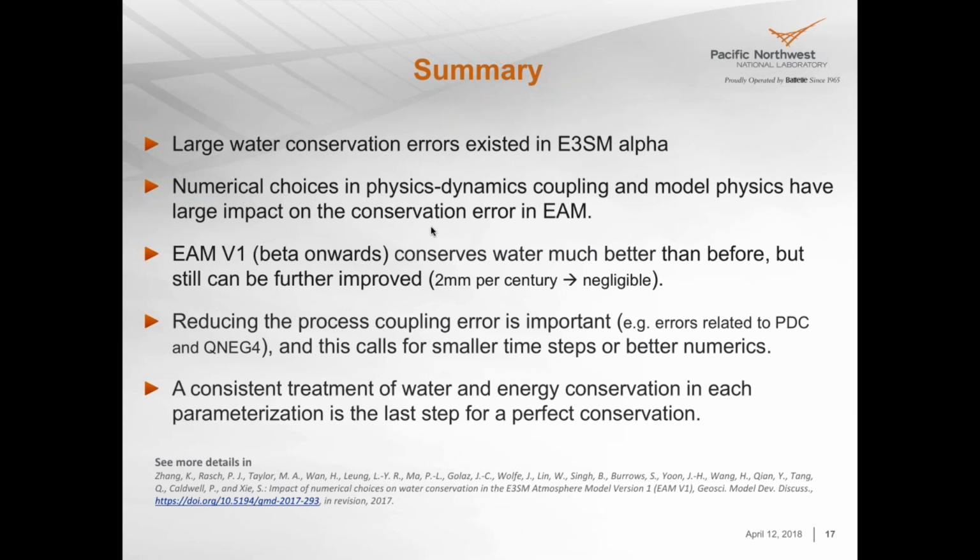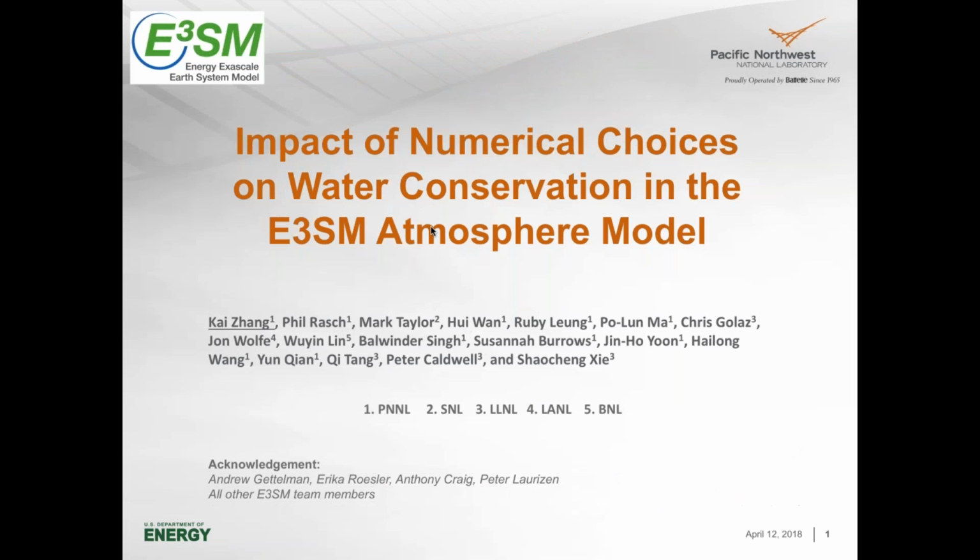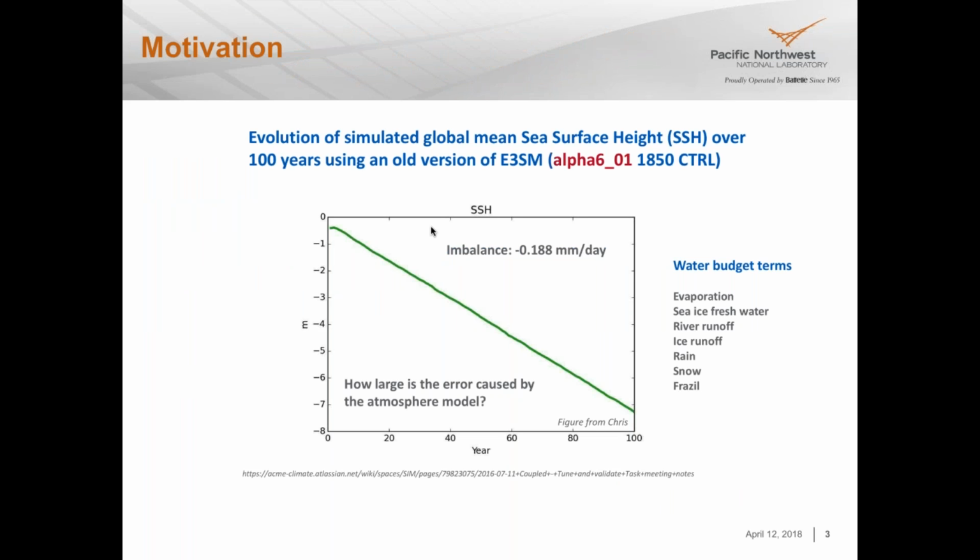If there is error in the individual model components, this will cause conservation error in the end in the coupled simulation. The first figure I showed in the presentation is from a very old model version. We know that there was a large problem in some model components, and such error does not exist in the current V1 coupled model. This is for sure.